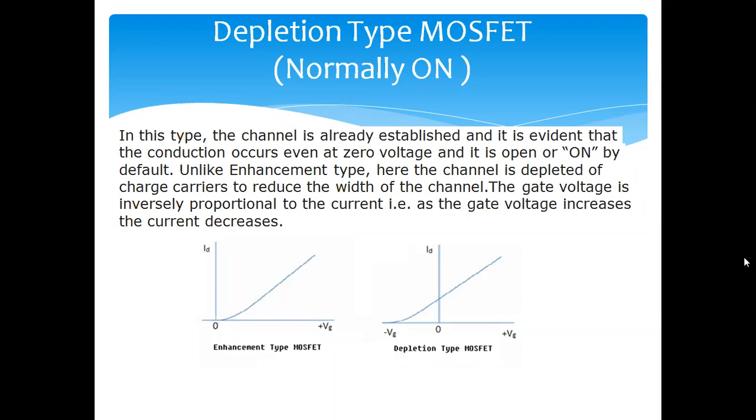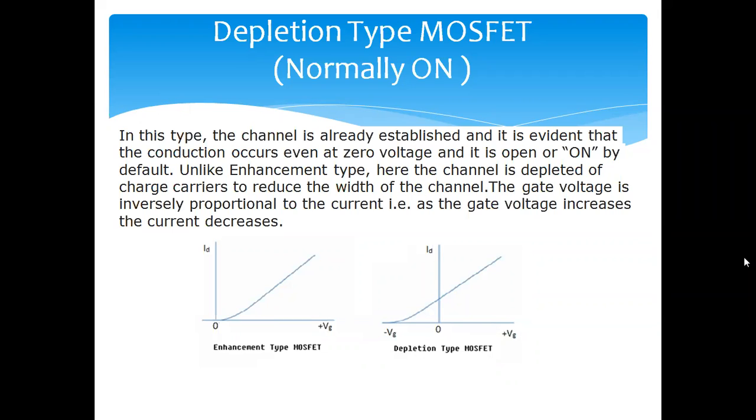How can you see that? At zero voltage, that means you don't provide anything to the depletion MOSFET, you can see a small current flowing through it. That's why it is referred to as a normally on MOSFET.